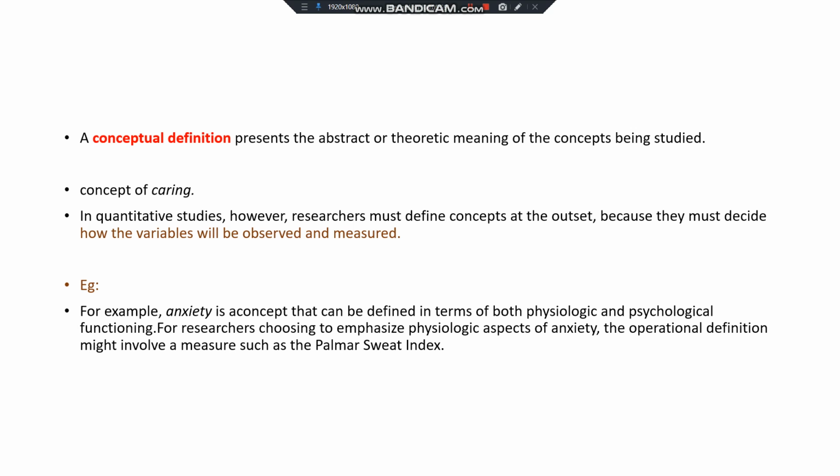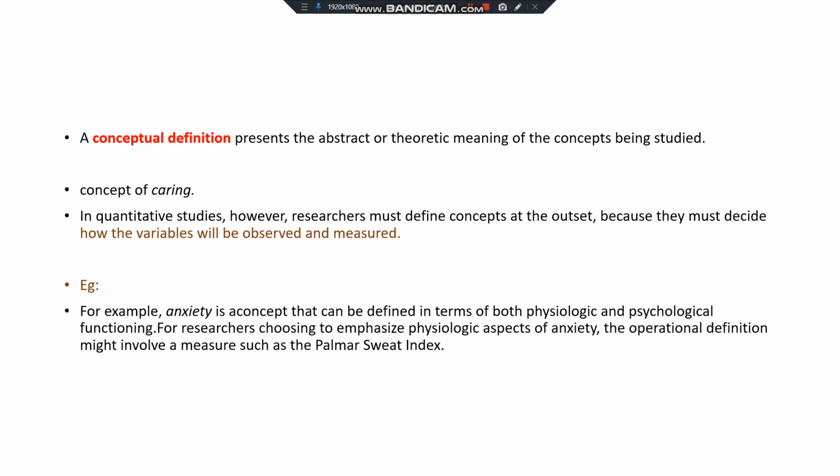Suppose we are going to take one study, for example, anxiety is a concept that defines the term of physiological and psychological function. Researchers may choose to emphasize the physiological aspect of anxiety. The next term is the operational definition, which we'll see later.